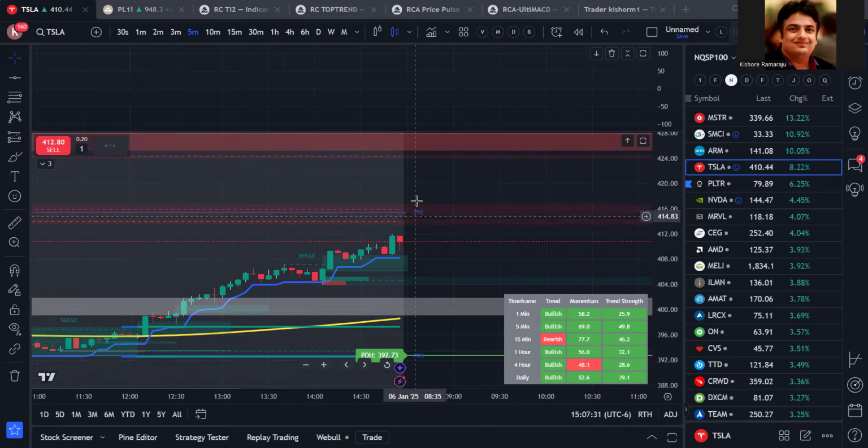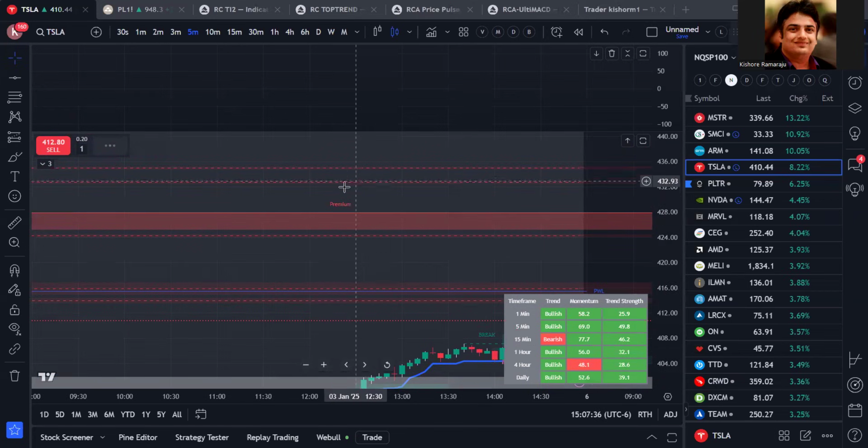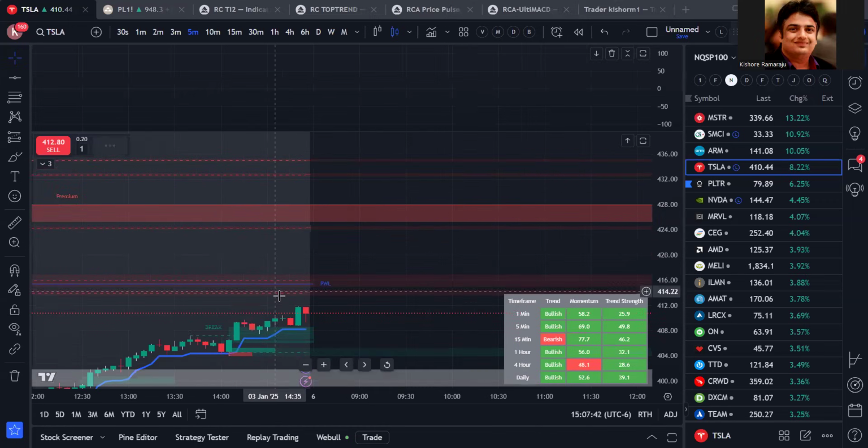Only here you have red rectangles. Here you have some sell orders, and then this is the premium zone. That means tomorrow Tesla may go until 428, and then we may see a drop, or it may go a little bit here. Then there might be a small drop, and then it will start going up until 428 tomorrow, or the day after tomorrow.